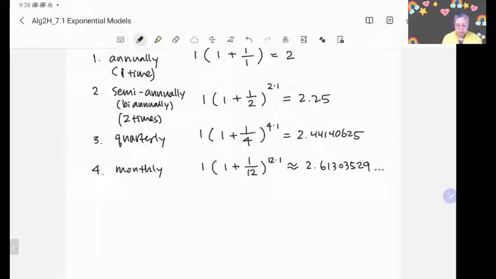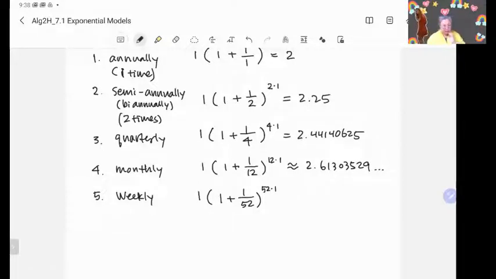Then let's do weekly. Do you know how many weeks we have over the year? Who knows? There are 52 weeks. Then 1, principal, 1 plus 1 over 52, raised to the power of 52 times happening over the year.